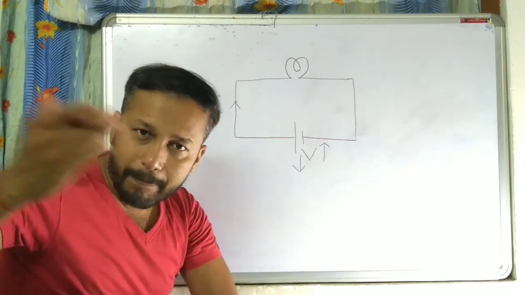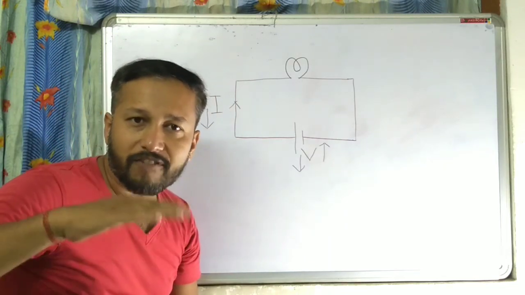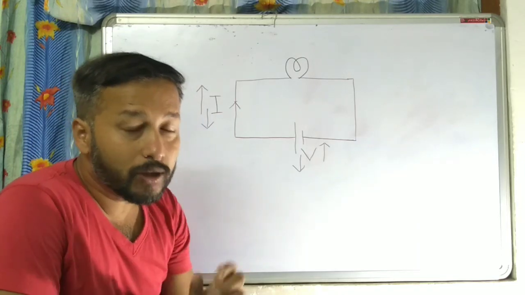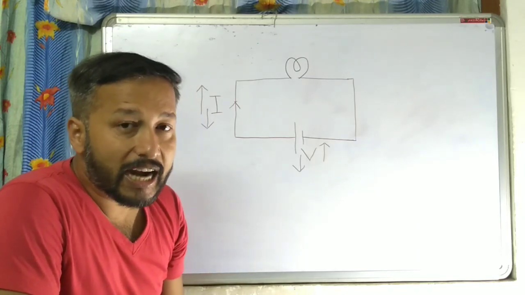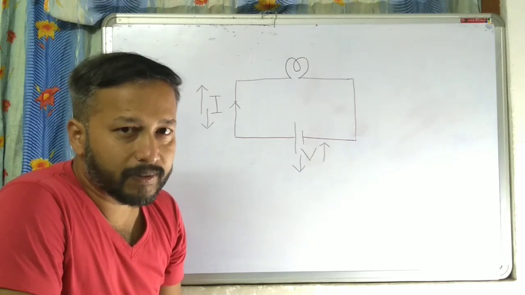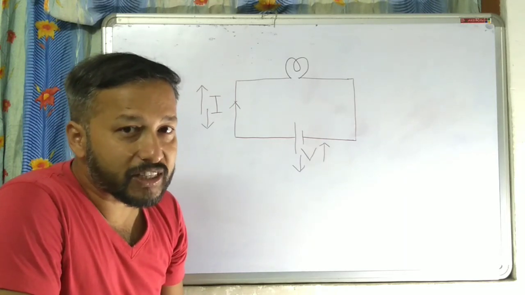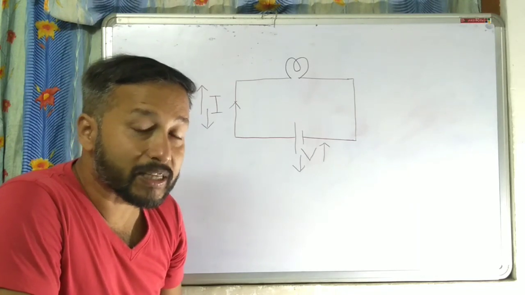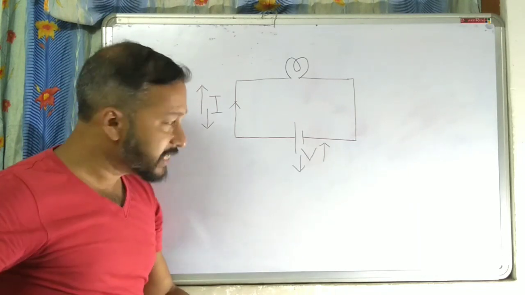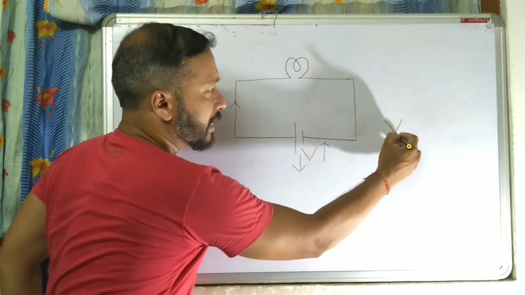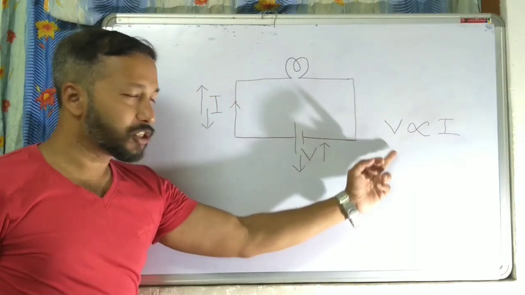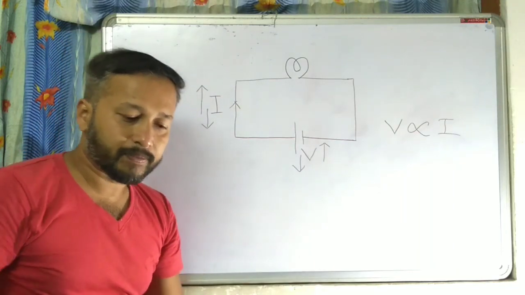If you change the temperature, the value will also change. So the whole statement is: at constant temperature, the potential difference of a circuit is directly proportional to the amount of current passing through that circuit. So he said V is proportional to I. Got it? V is proportional to I.